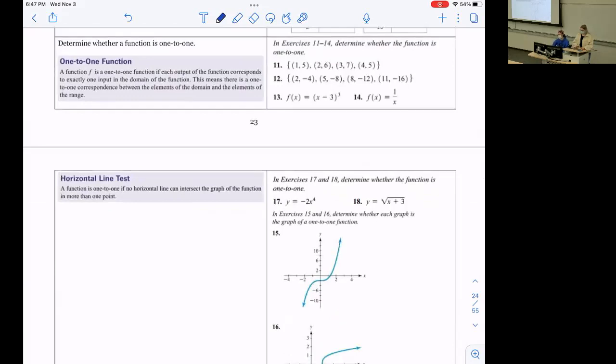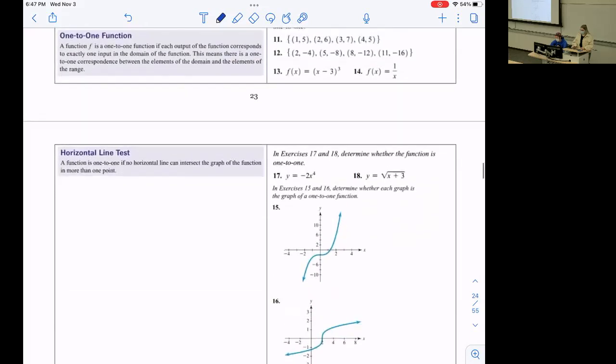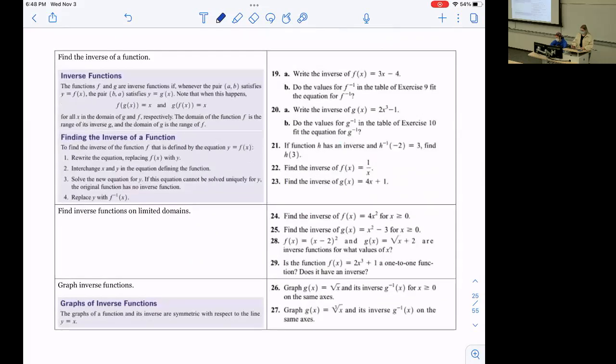So are there any questions about 11 through 16? All right. Find the inverse of a function. Are there any questions about how to find an inverse of a function?